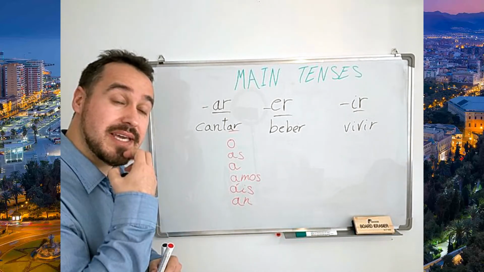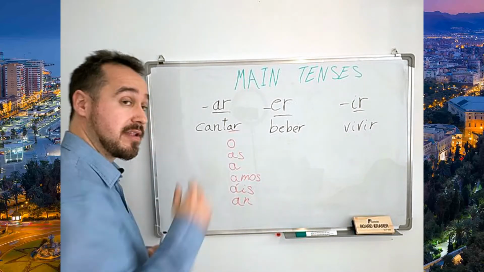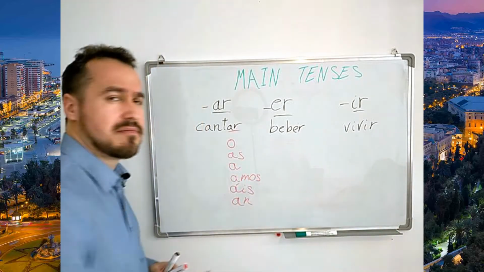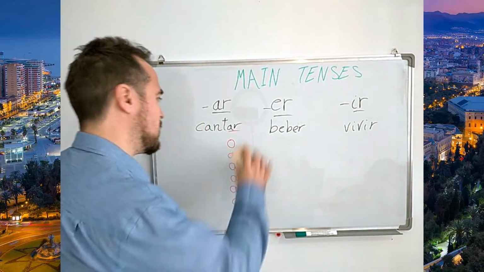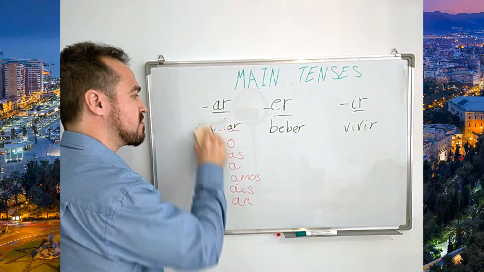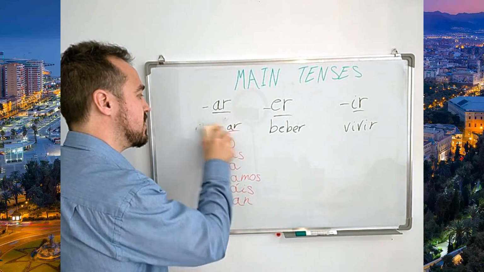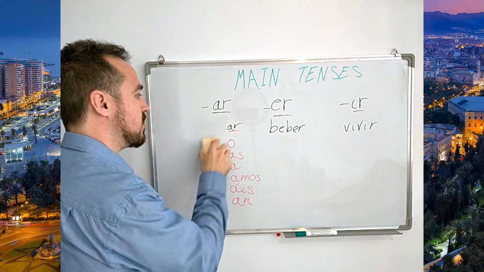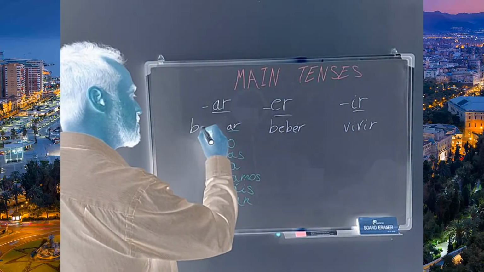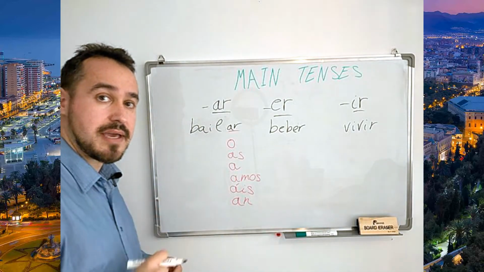Easy. We can try any other verb with the AR ending. Let's say, let's dance, shall we? So bailar. So we're going to remove this. The same.